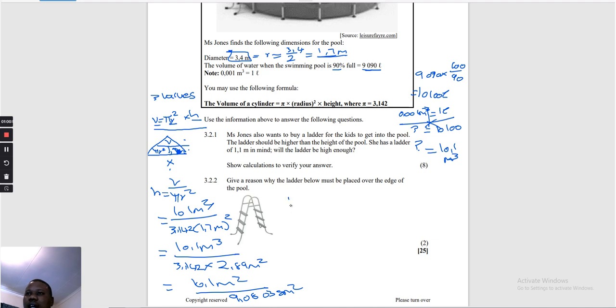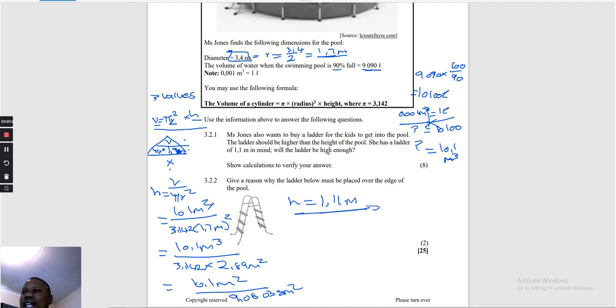Then our height is equal to 10,1 divided by 9,08038, and that gives us 1,11 meter.